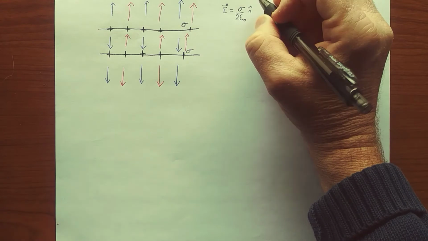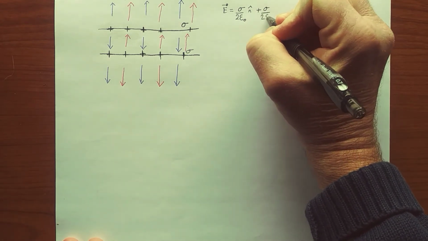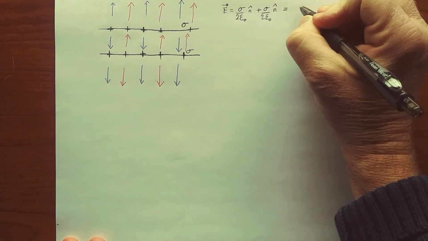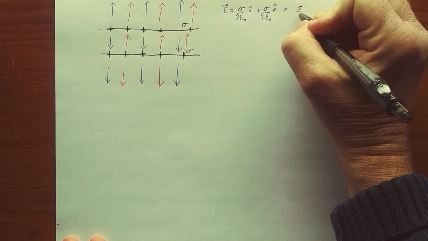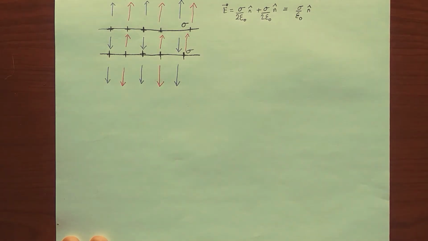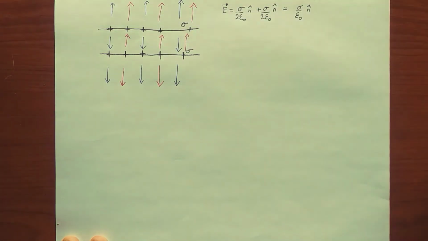So we have to add two of those, right, because we have the red and the blue, and so we get a net field which is charge density over epsilon naught, pointing away from both planes, right, pointing upwards.